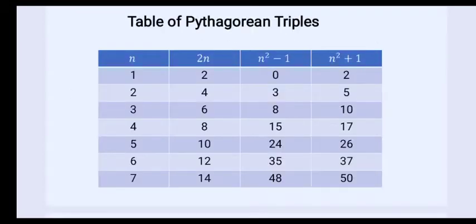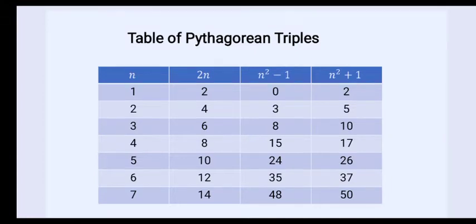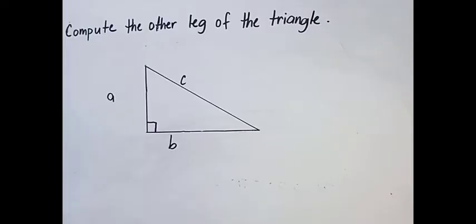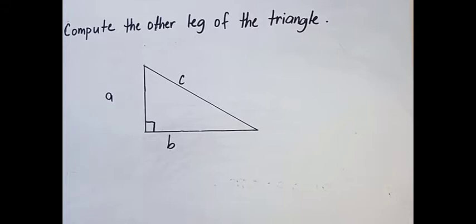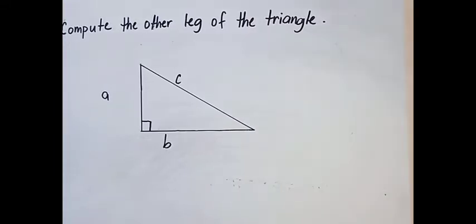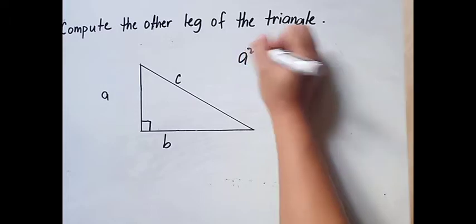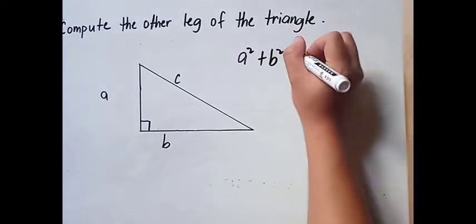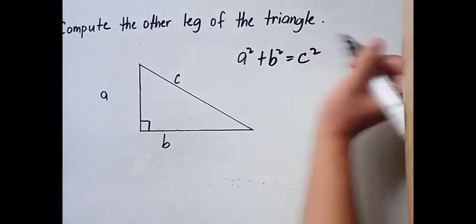So this is the table of Pythagorean triples. This table illustrates some possible combinations of the sides of a right triangle. Okay, so let us apply the theorem. Let us compute the other side of a triangle using the Pythagorean theorem, which is a square plus b square equal to c square.